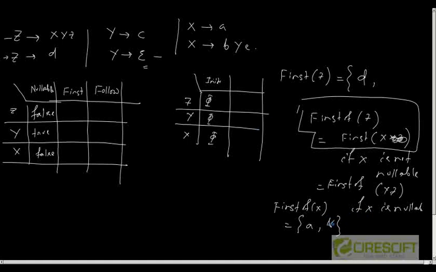From the second production, first of X is b, and from the other production first of X is a. I'll combine them into a, b, and put this in first of Z. So first of Z will be d, a, b.